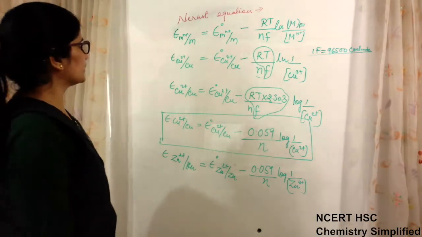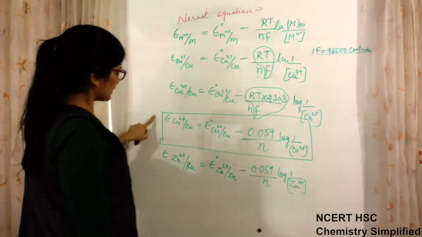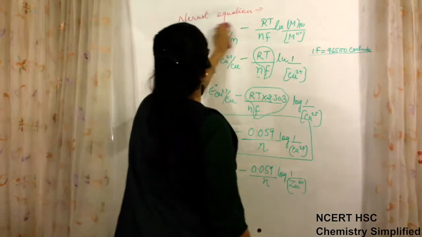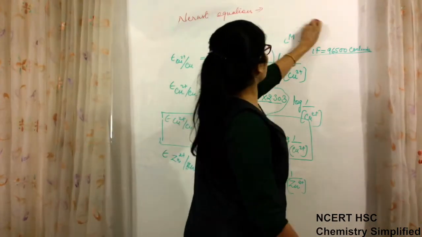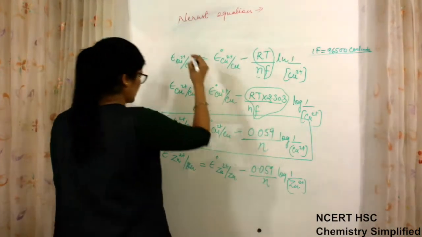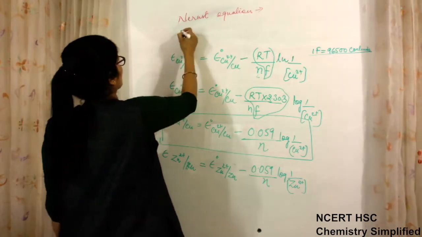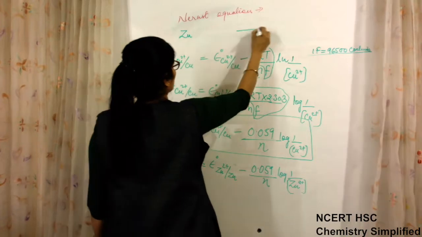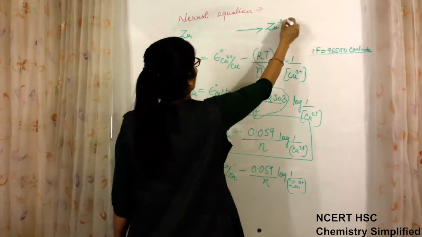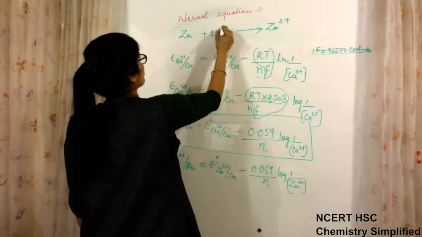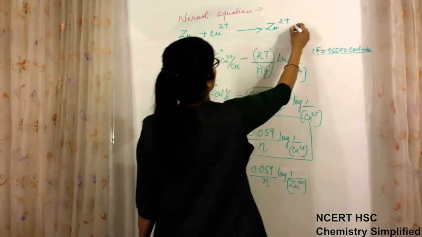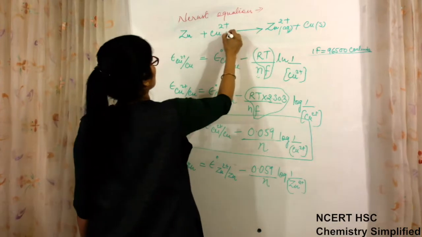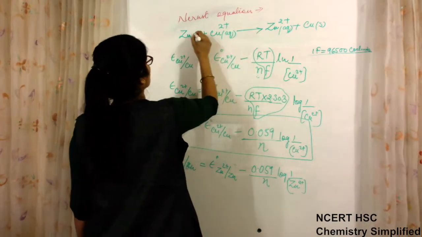Now if we consider this particular cell between copper and zinc, the reaction is like this. Zn is converting to Zn2 positive and Cu2 positive is accepting 2 electrons to become Cu solid. This is aqueous, and this is solid.